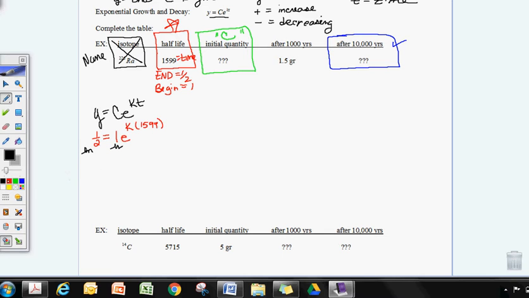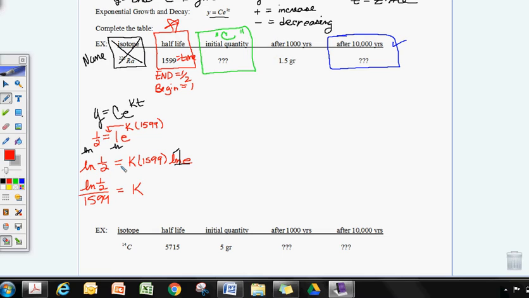I can introduce a natural log. When I introduce a natural log on each side, I get the natural log of 1/2 equals, remember, all of the stuff from the exponent comes down, k times 1599, and then the natural log of e. You all remember that the natural log of e is the same as the number 1. So now all I need to do is take the natural log of 1/2 divided by 1599, and that is my k value.